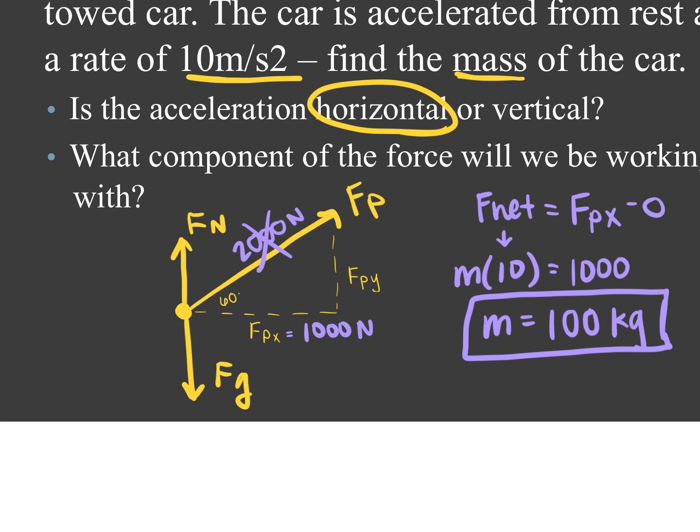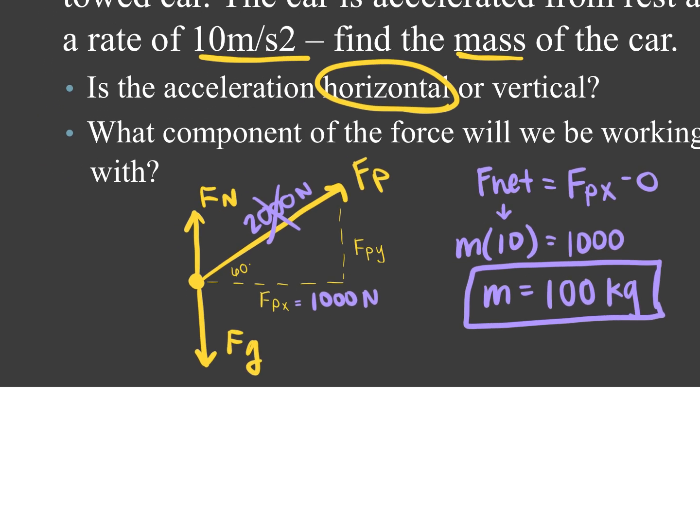Once we start looking at our diagram, we're going to decide, are we really focusing on the vertical forces or the horizontal forces? Once we decide that, then we set up a net force equation that is any positive forces added together, and we're going to take out any forces that are going in the negative direction. So this template of positive forces minus negative forces is going to be how we start all of our problems, really.